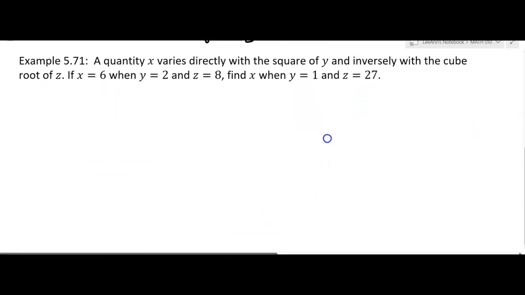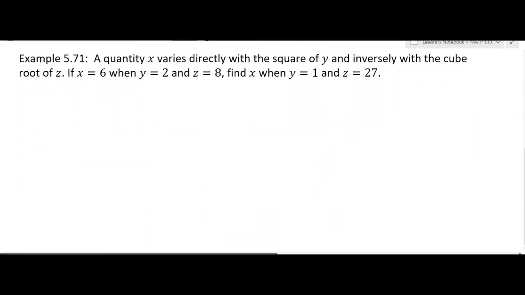Okay, so their examples, they're not very story-ish. They just say x, y, and z, and they give you the values. But I have a couple examples at the end where we can see some more practical applications. But here's an example of a joint variation problem. So the quantity x varies directly. Okay, so x varies directly, like you could just put the equal sign right there.